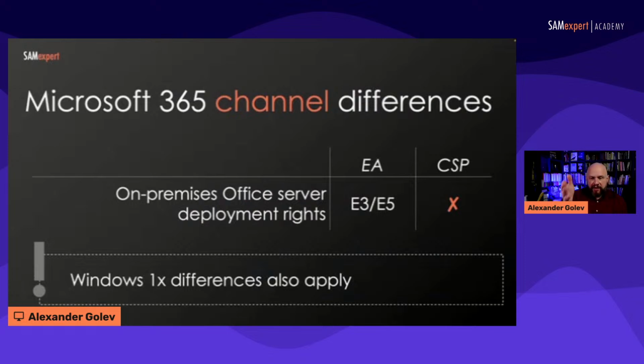In an extreme case, if everybody in the company is licensed with E3 or E5, in any sort of mix and match combination, you have a right, if you wish to do so, maybe you have traditional infrastructure and want to keep your email on premises in your data centers, to deploy unlimited instances of Exchange, Skype for Business, and SharePoint without requiring server licenses, without requiring client licenses, if all your users that use those servers are licensed with E3 or E5. If you buy the same E3 and E5 plans through CSP, you may not do that.